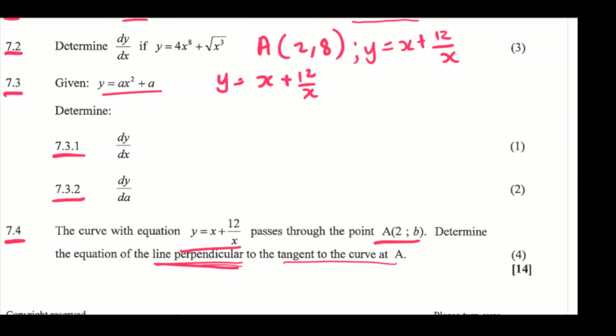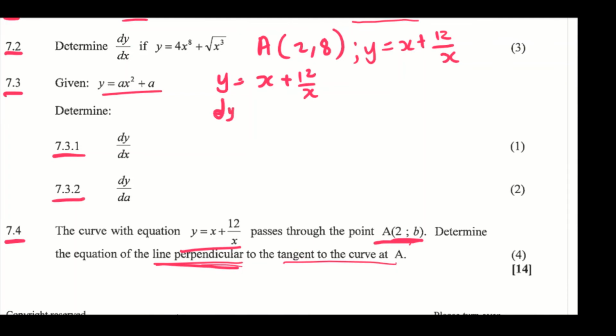So we just want to find the gradient of the tangent first, and then we'll sort out everything. Or we can find by deriving here, we can substitute these points here, all right? So let's just first derive this.